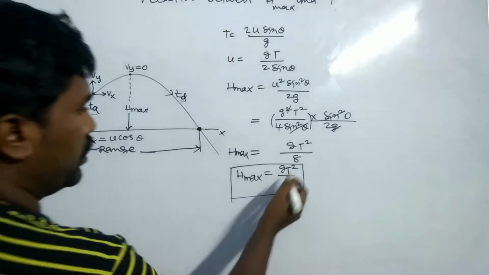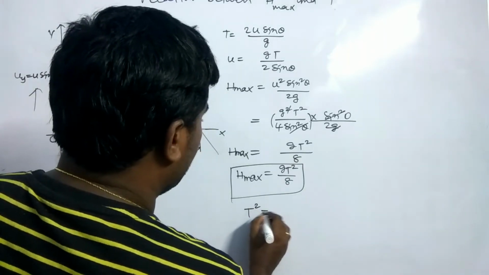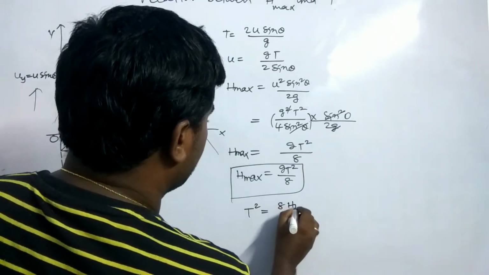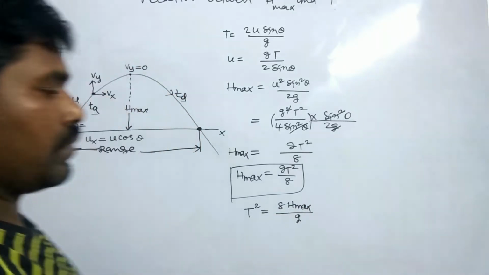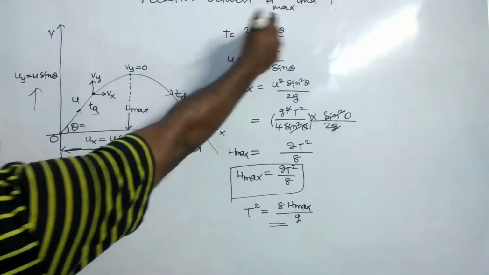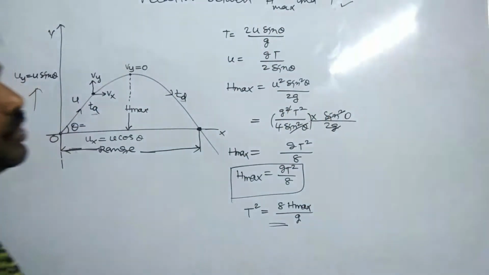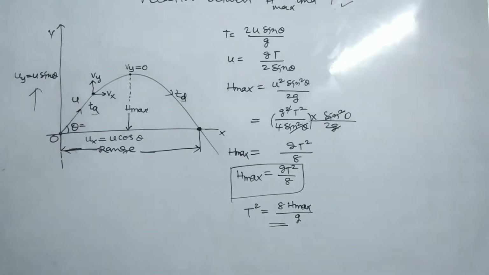So from this you can write that t square is equal to 8 h maximum by g. This is the relation between h and t. You have to remember this equation: h maximum is equal to gt square by 8.